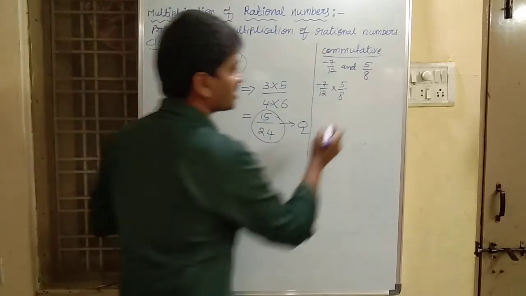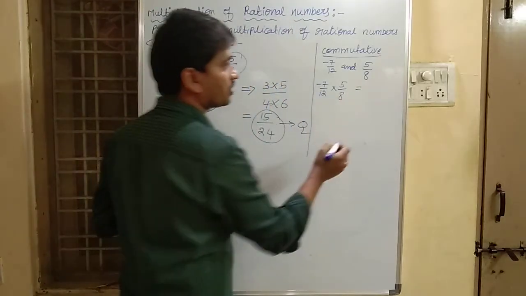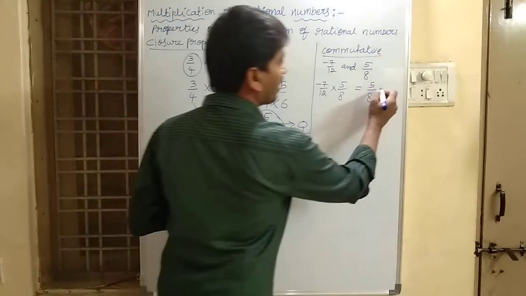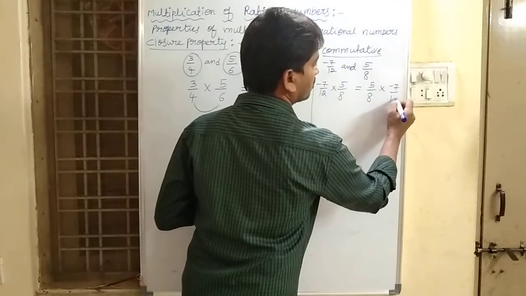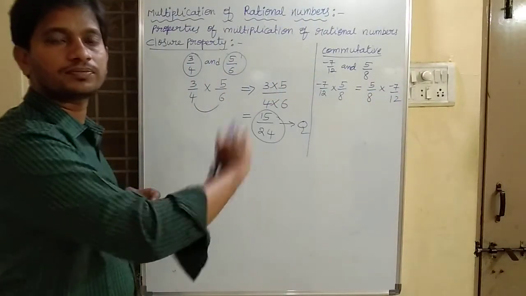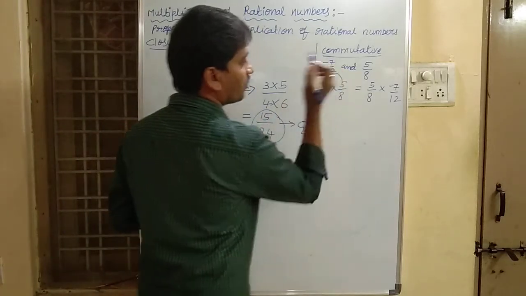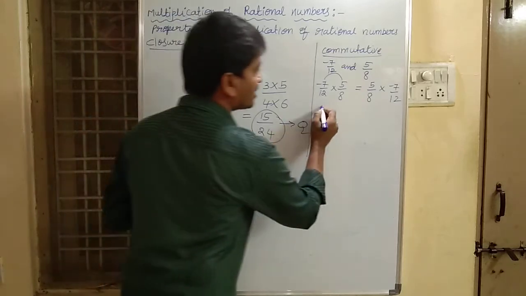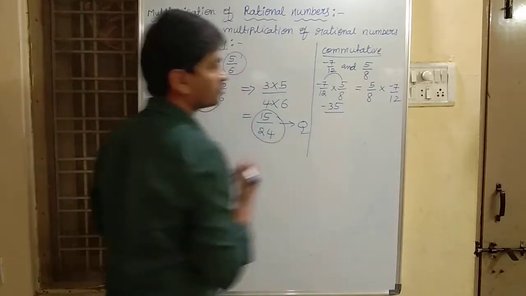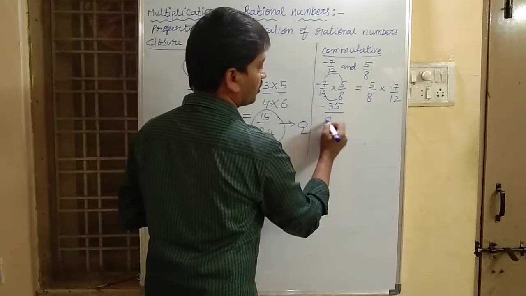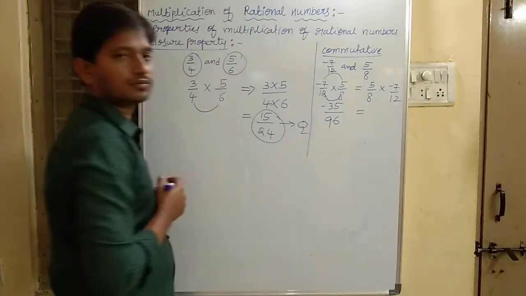Now, let me change their order. First, let me take rational number 5 by 8, then I will take minus 7 by 12. I just changed the order. So that is minus 7 into 5, which is minus 35, over the product of the denominators 12 into 8, which is 96.